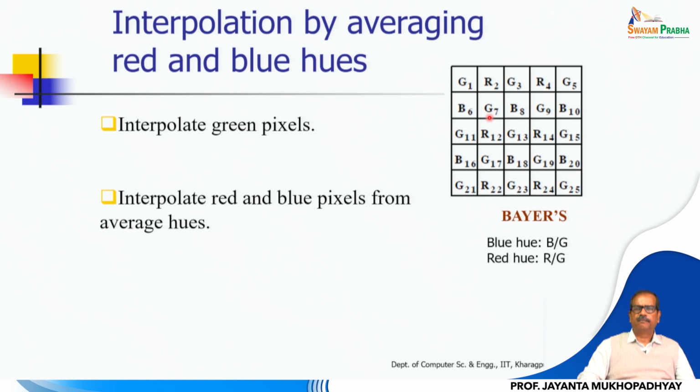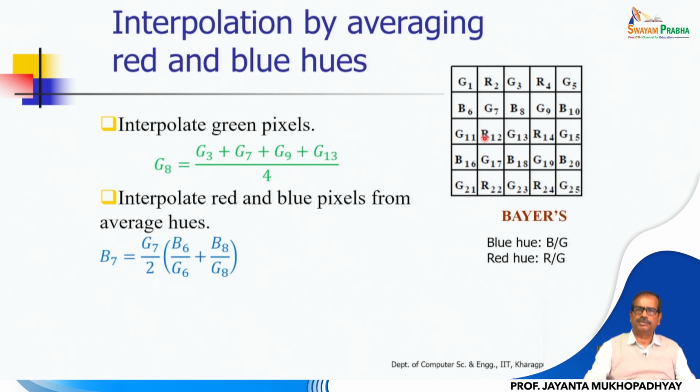This could be improved by considering cross-channel correlations. So here we can first interpolate the green pixels and then use these values to compute the hues, red and blue hues. So instead of averaging over the pixel values, we average over the hues. Consider this place where you are computing blue. So you take the blue hues. Hue is defined by the respective component divided by the green.